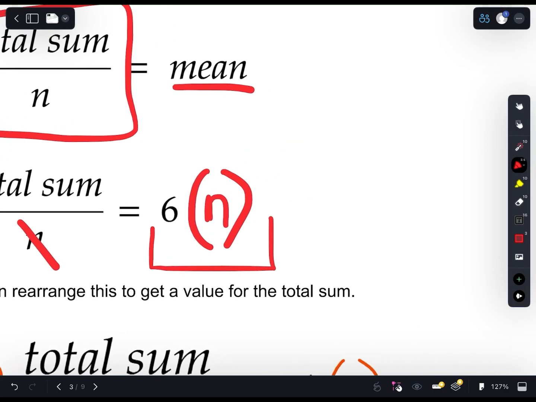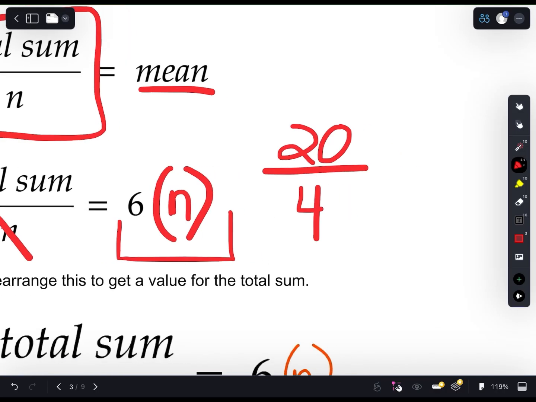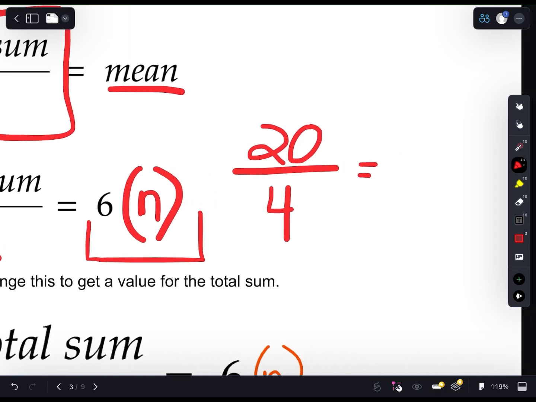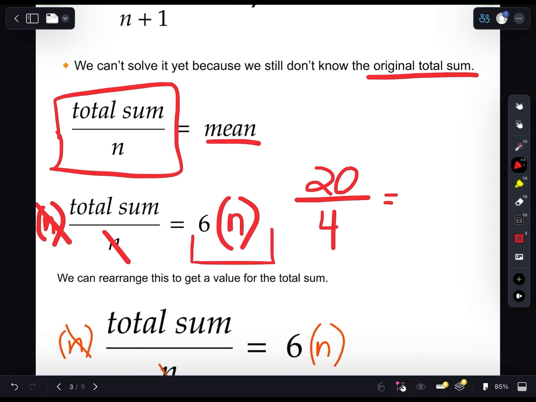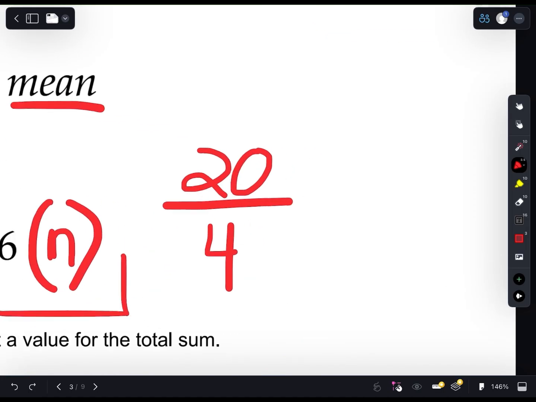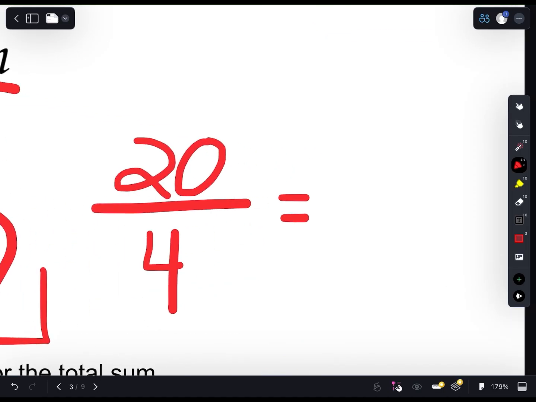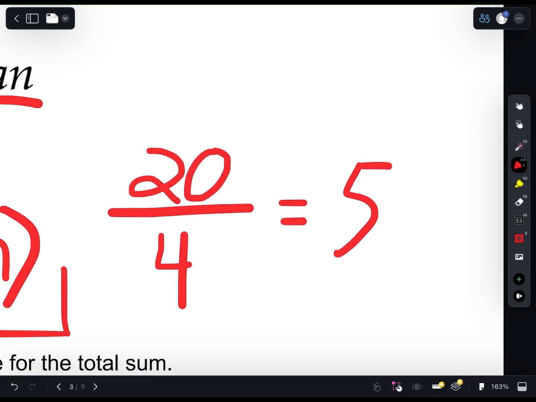You can even try that. You could take 4 different numbers, add them up, and if they equal 20, you could do 20 divided by 4 to get your mean, and then rearrange the equation and do 4 times the mean, and that would give you 20. Actually, 20 divided by 4 is 5. 5, 10, 15, 20. So there we go.